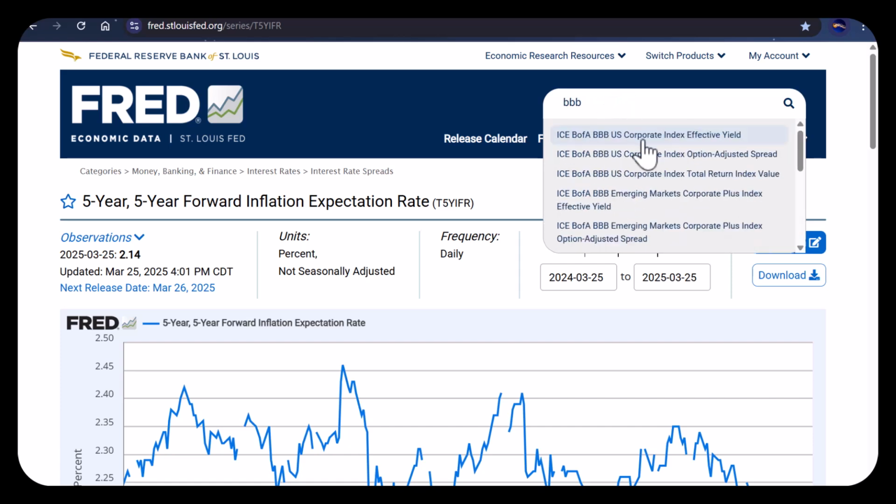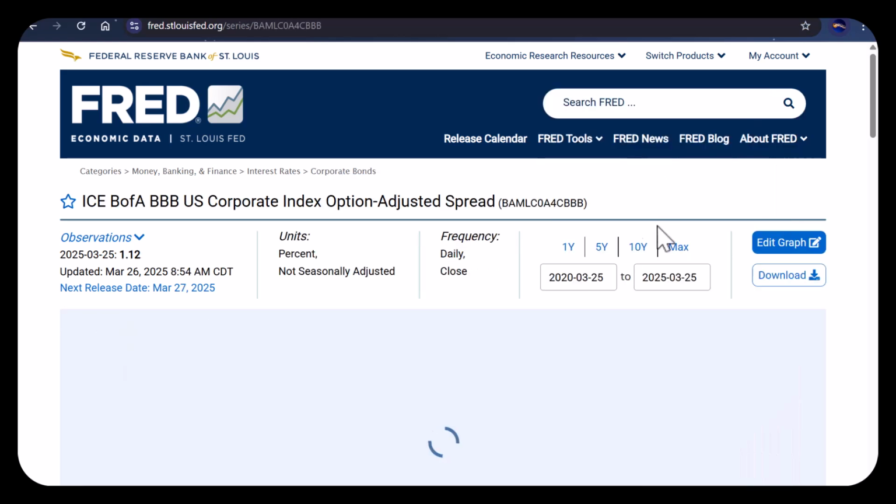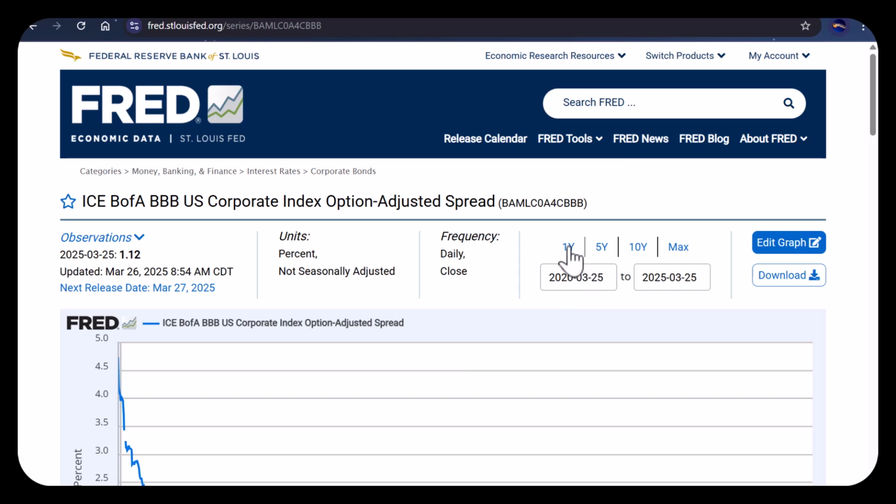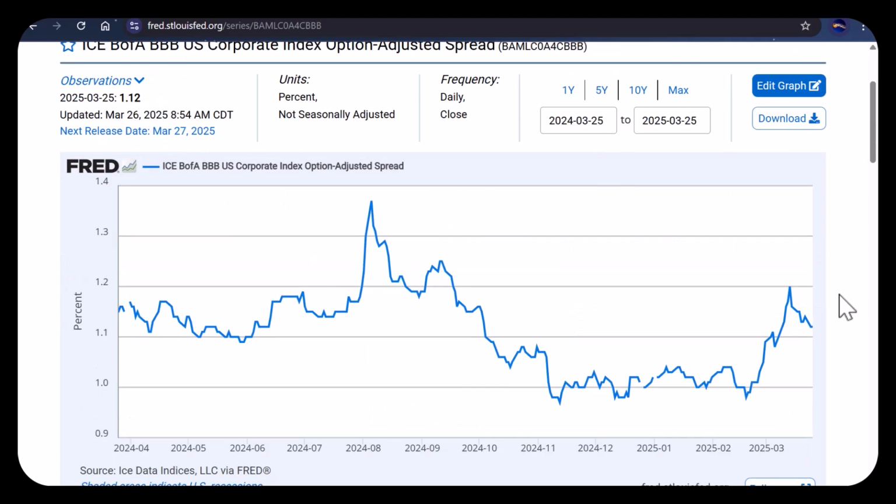BBB option adjusted spreads. These are compensations for lending to corporations. BBB is the lowest credit rating you can get, and that is still considered investment grade.